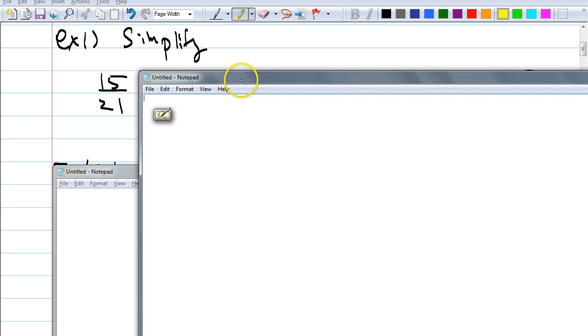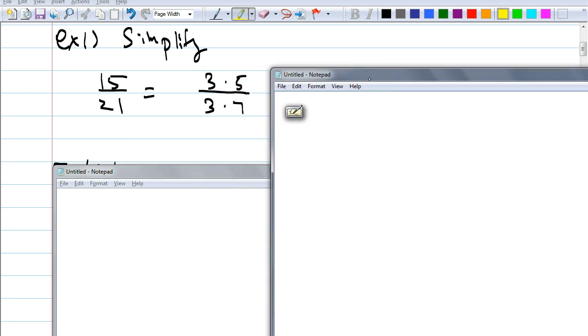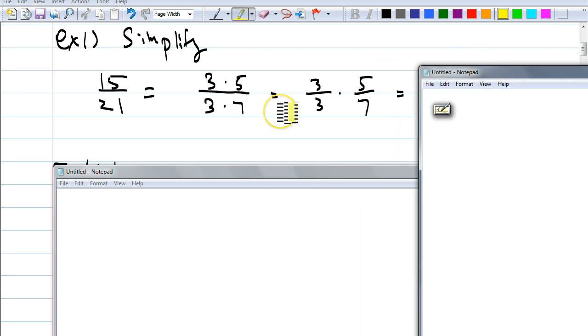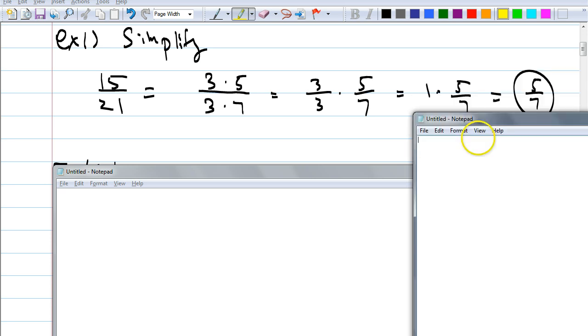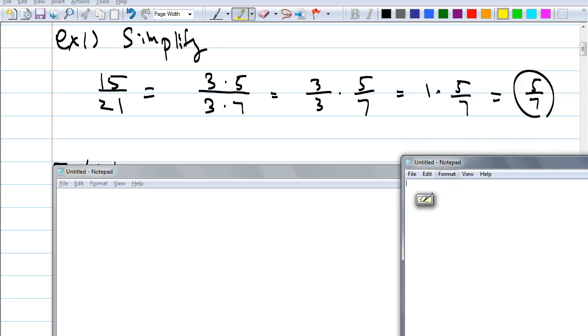So isn't that what you get? And so what's this really? 3 over 3 times 5 over 7. So we're just using that rule. Normally you don't do it this way, but I'm just showing you that you could. It works. What's 3 over 3? 1, so you get 5 over 7. Any question?